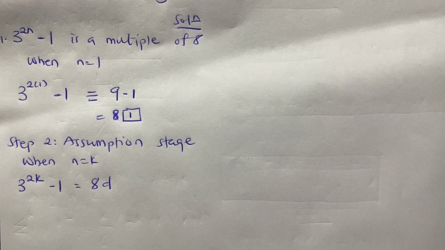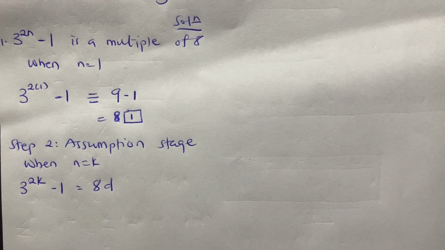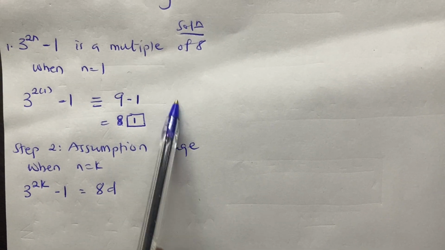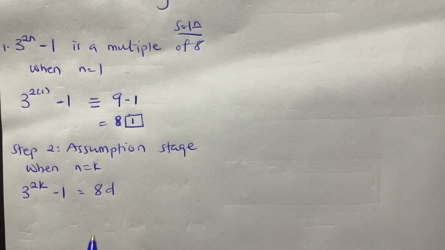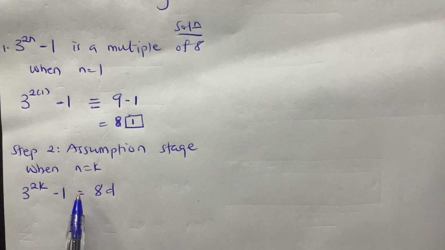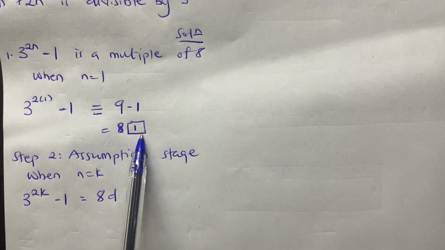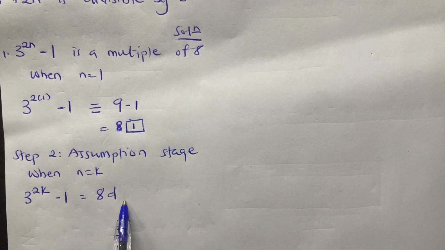Where is this 8d from? Mind you, for step 2 we are just assuming that, because we were able to prove the testing stage, it means that for the assumption stage it is also true. So whatever we solve, we should get 8 multiplying something, just like here we had 8 multiplying 1 to give us 8.